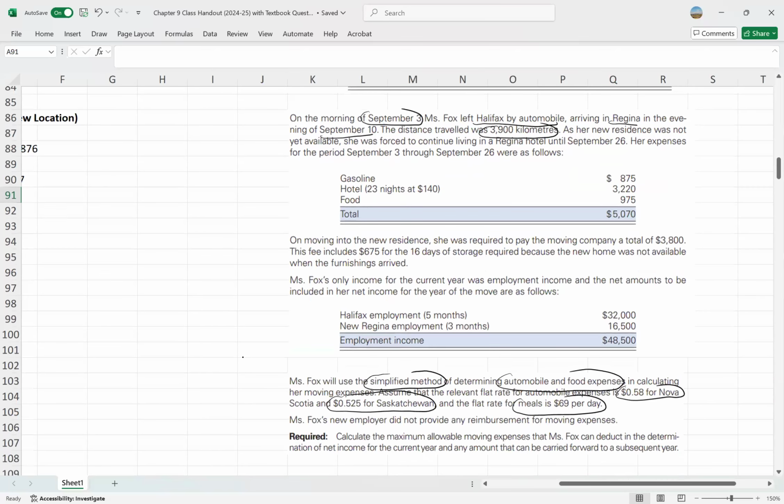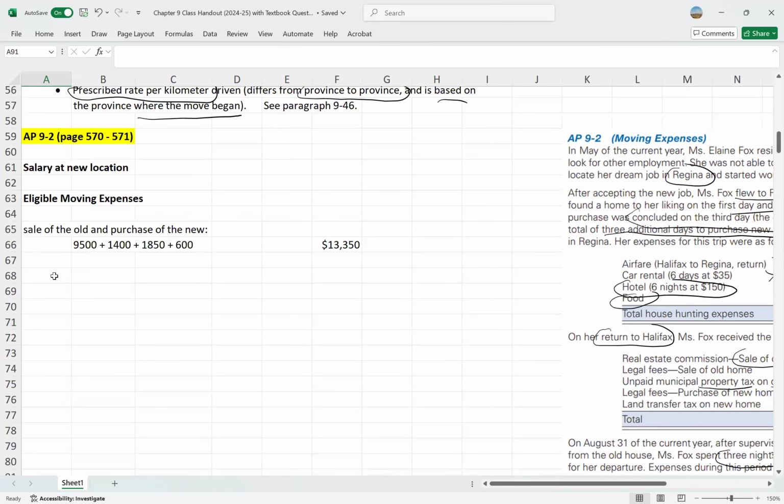She left from Nova Scotia, so it's 3,900 kilometers times 58 cents per kilometer. Let's add that to our list as car travel. Working through that calculation, 0.58 times 3,900, we get 2,262.